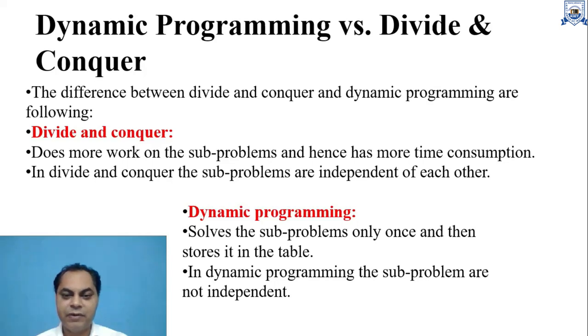While in dynamic programming, we solve the subproblems of one size once and store the solutions so that they can be used later on. In dynamic programming, these subproblems are dependent on each other. That means the solution of one problem affects the solution of another subproblem. That means there is a dependency between the subproblems.